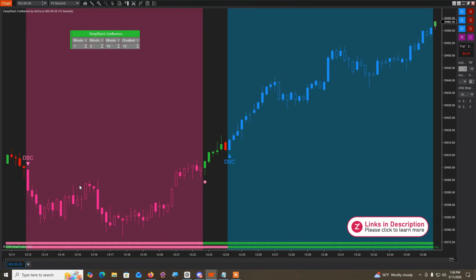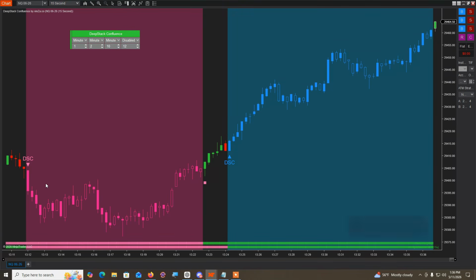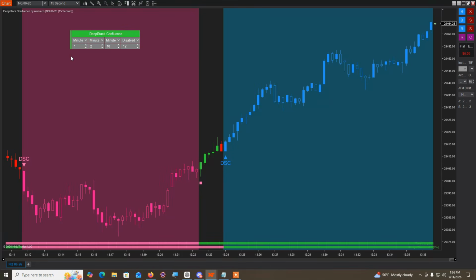In this case, obviously, both indicators agree that the market here is in a bearish condition. And at the same time, whatever time frame filters you chose also agree that indeed the market is in a bearish condition. Then there is a signal.